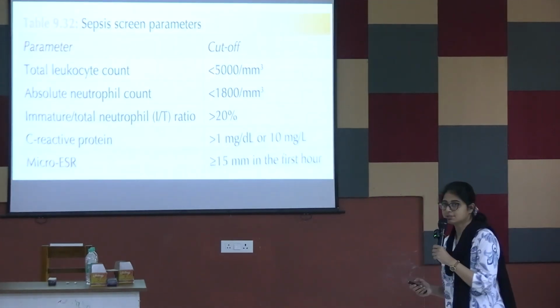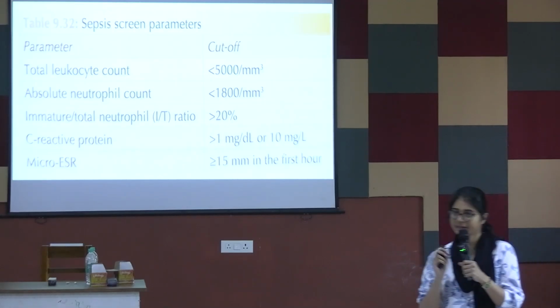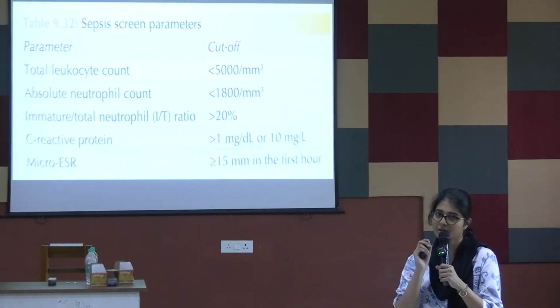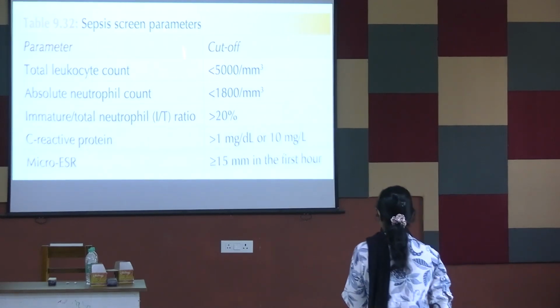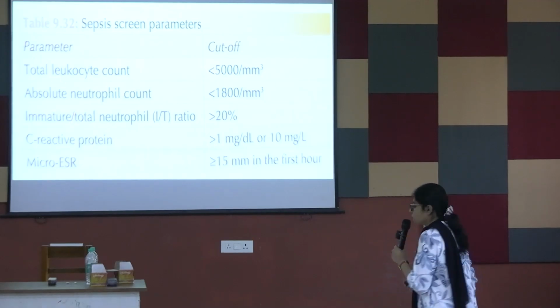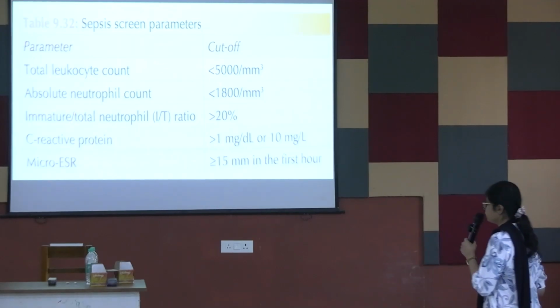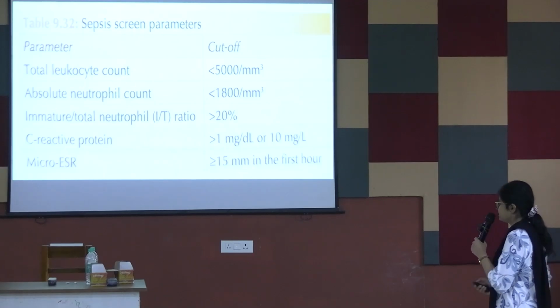Now, what do you mean by sepsis screen? Sepsis screen is a very important topic for short note. It comes, you will have to remember the parameters and the values. Sepsis screen, these are some parameters. We look for the total leukocyte count if it is less than 5,000. Absolute neutrophil count less than 1800.